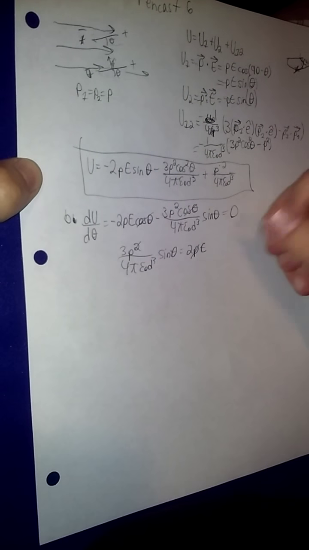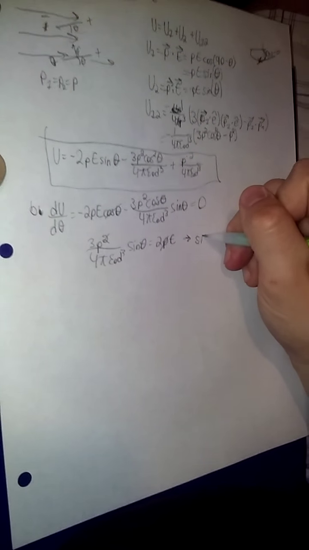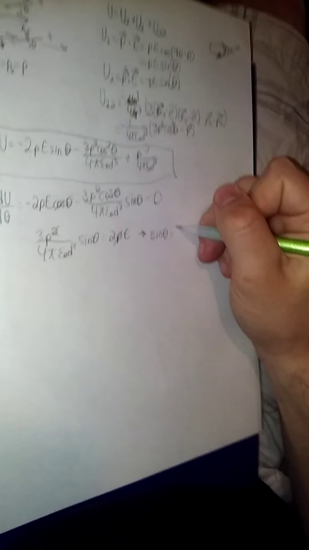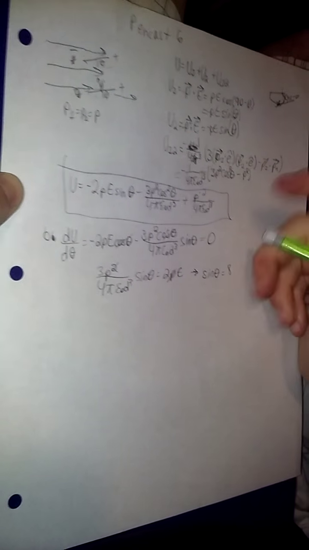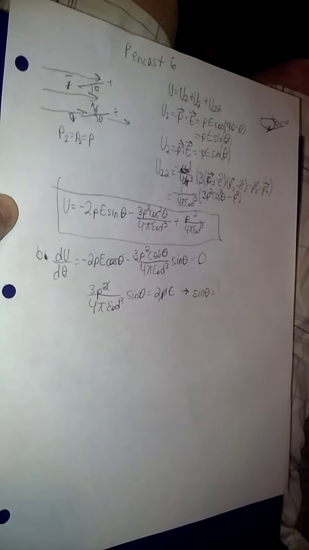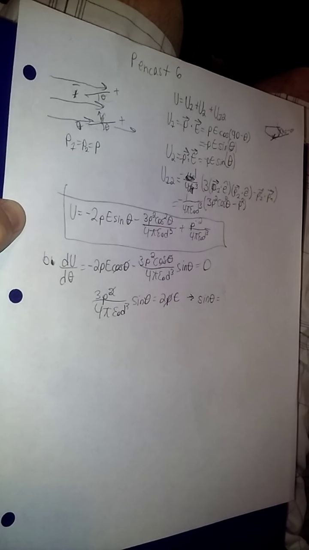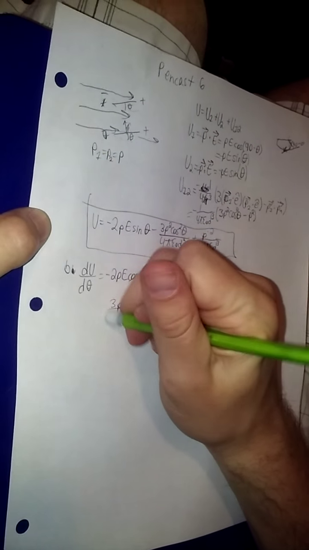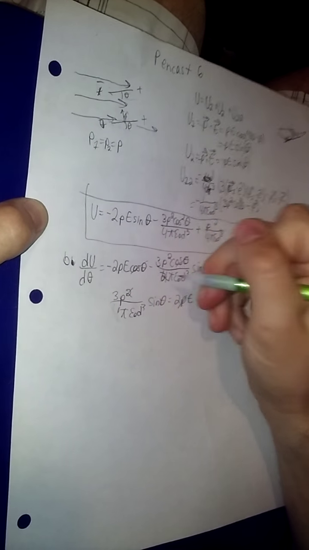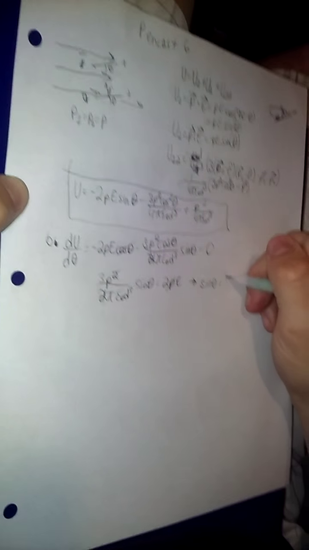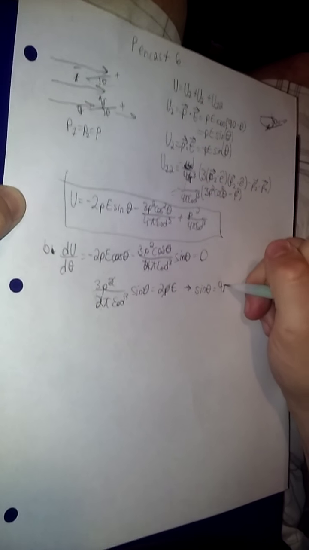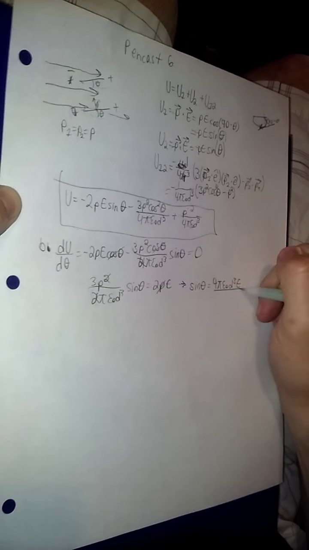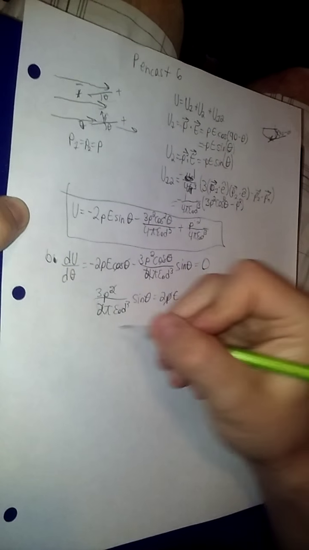One of the p's will cancel. That's supposed to be a 2. So then sine theta is 4 pi epsilon naught d cubed E over 3 times the dipole moment.